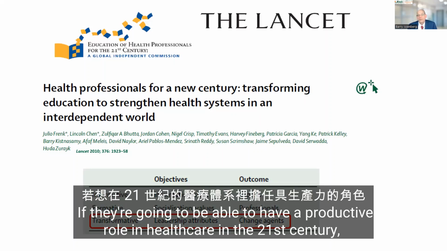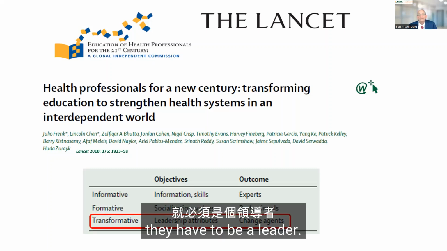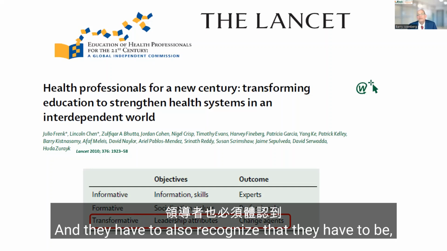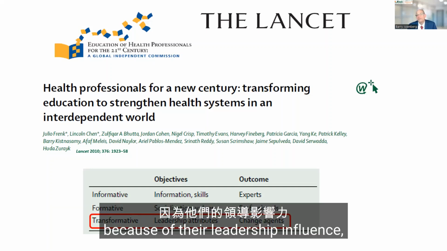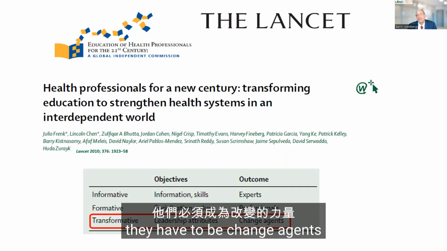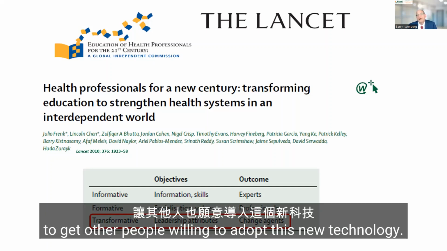So if they're going to be able to have a productive role in healthcare in the 21st century, they have to be a leader. And they also have to recognize that, because of their leadership influence, they have to be change agents to get other people willing to adopt this new technology.